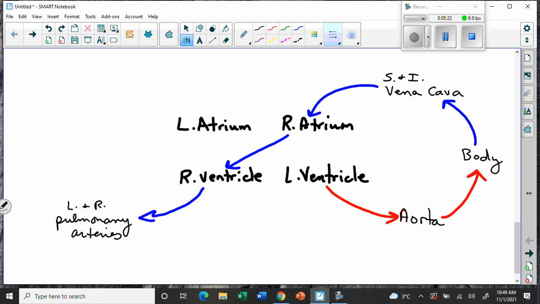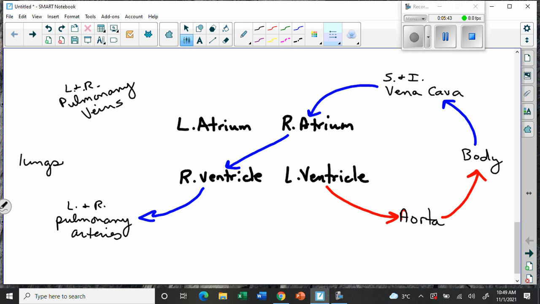And then from there, of course, it makes its way to the lungs. And then after the lungs, it enters into the left and right pulmonary veins. And it makes its way back to the left atrium.